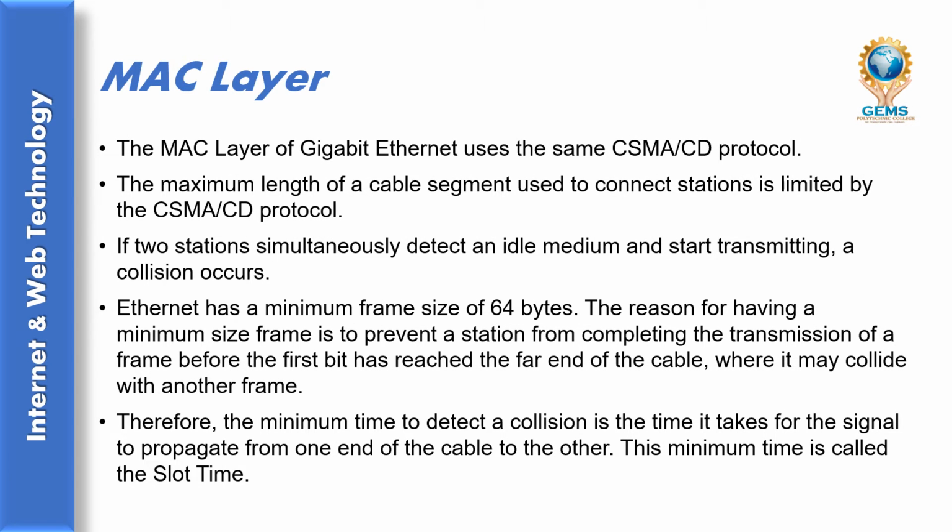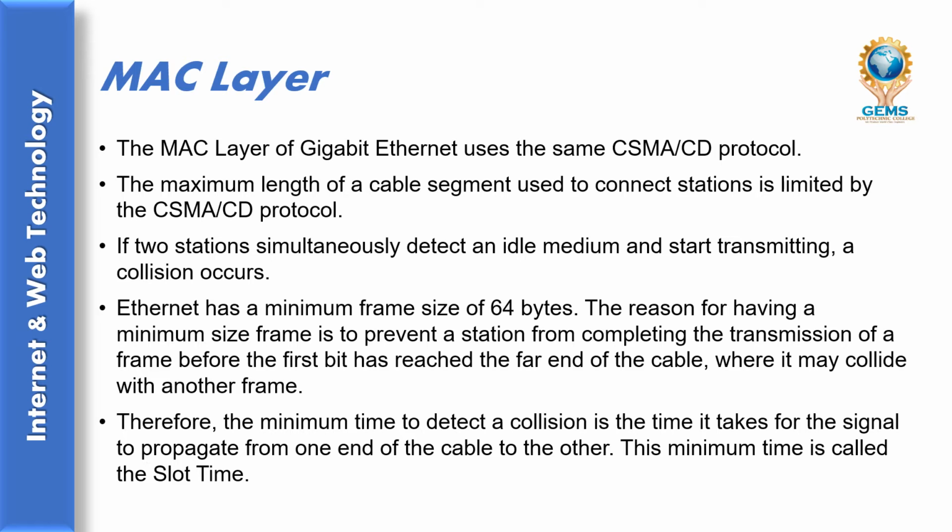Next we will see the MAC layer of Gigabit Ethernet, which uses the same CSMA/CD protocol. The maximum length of the cable segment used to connect stations is limited by the CSMA/CD protocol. If two stations simultaneously detect an idle medium and start transmitting, a collision occurs. Ethernet has a minimum frame size of 64 bytes.